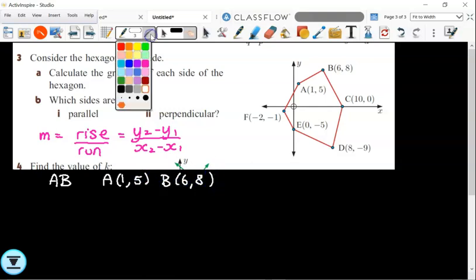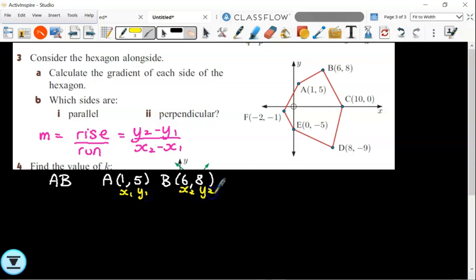So if it's been a while for you working out slope, you can label x1, y1, x2, y2, and away we go. Okay, 8 take 5. If you wanted to just write 3, by all means. 6 take 1. So that's going to be 3/5.